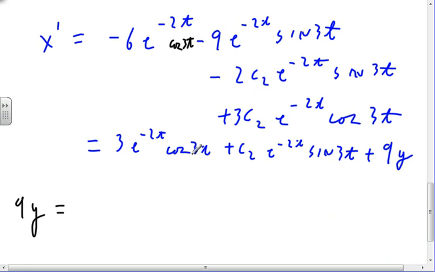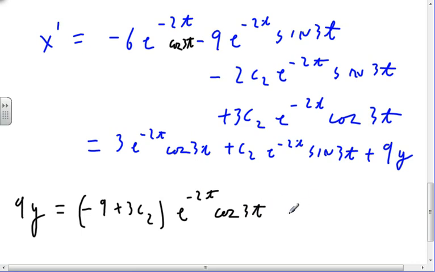I have 3. 1, 2, 3 cosine 3t's, right? So I've got minus 9 plus 3c2 e to the minus 2t cosine 3t, and then I got plus the sine guys.